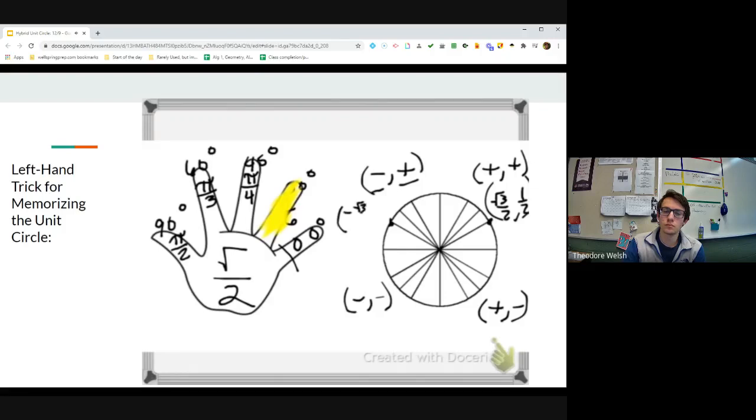So it's negative square root of 3 over 2, 1/2. Negative square root of 3 over 2, and negative 1/2. And over here, it's going to be positive root 3 over 2 and negative 1/2. Hope you guys can see that. And I hope that this helps some of you guys who are still having problems memorizing the unit circle.